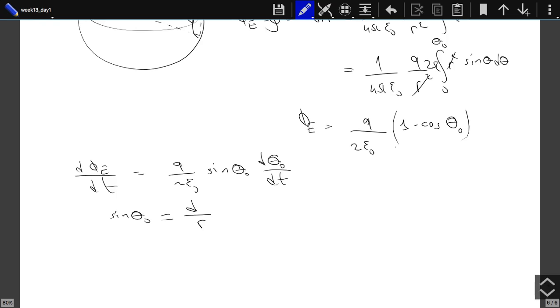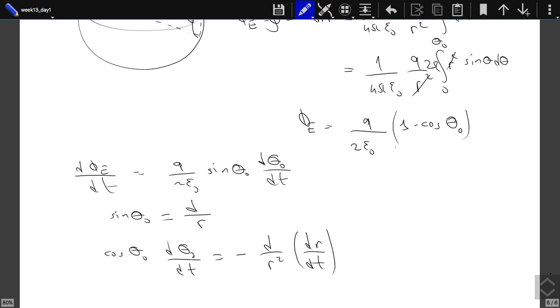Just take the time derivative. Cosine theta 0 times d theta 0 by dt is equal to minus d over r squared dr by dt. r is time dependent. dr by dt is not the velocity, by the way.